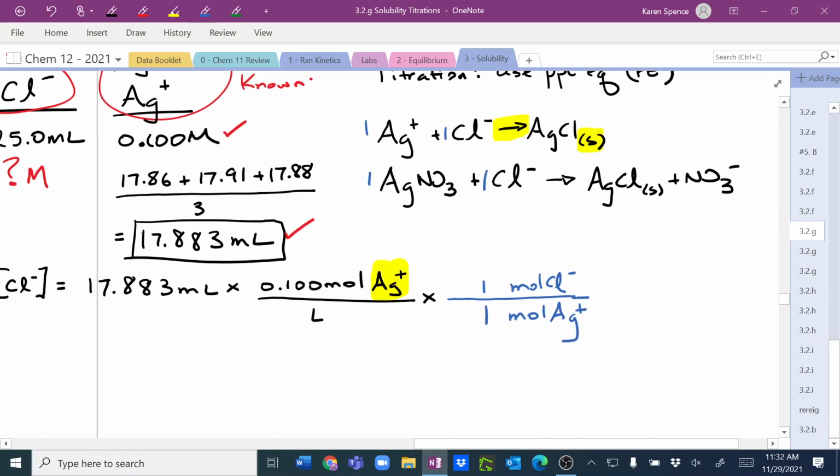And if anyone's feeling a little weird about this milli here, don't worry, I'm going to show the work a different way in a moment, so you don't have to worry about that. But let's just look at how things cancel. Liters cancel with liters. Moles of silver cancel with moles of silver.